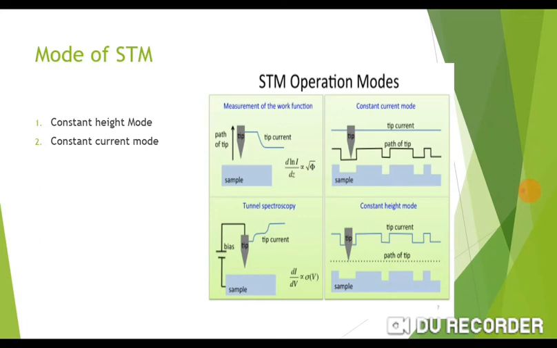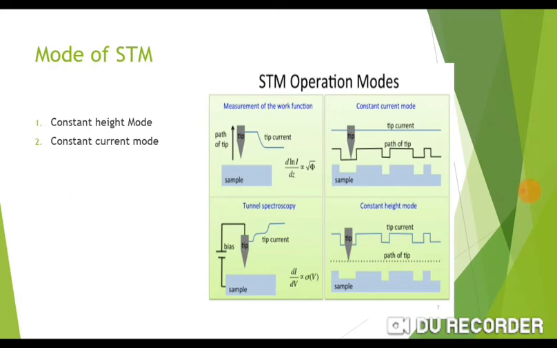As the name suggests, in constant height mode the height is kept constant and the variable parameter is the current, and in constant current mode the current is kept constant and the variable parameter is the height.